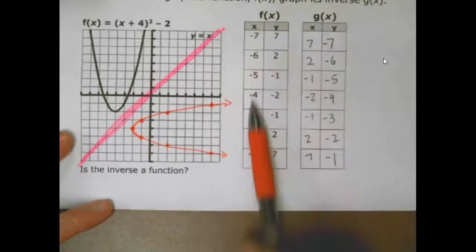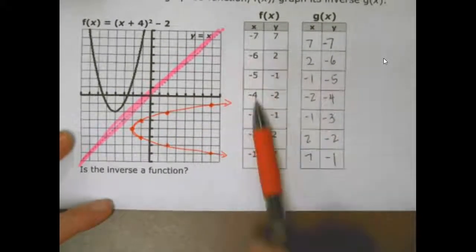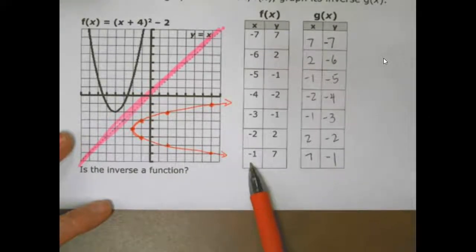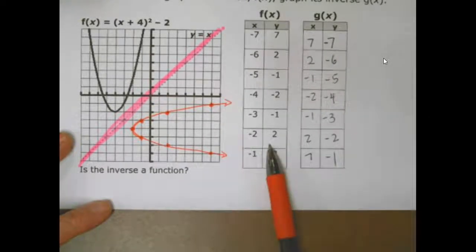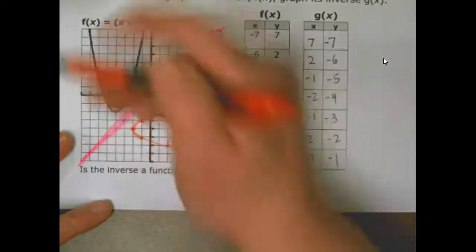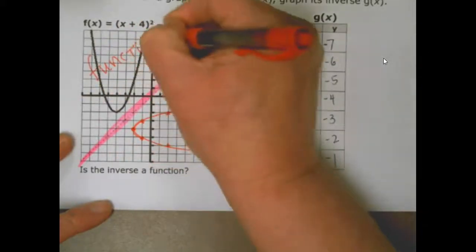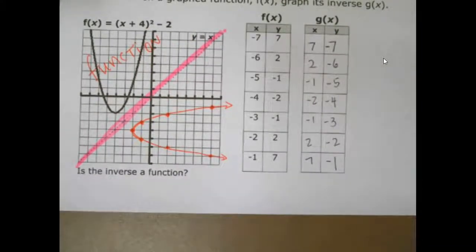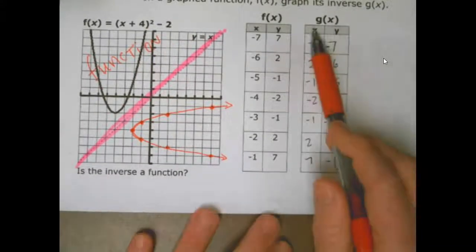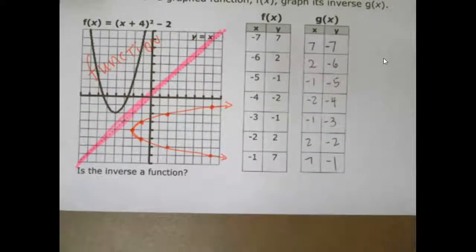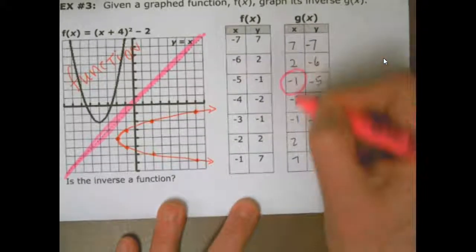Look at this x column right here. Do any of these numbers repeat? No. And so this goes with this parabola. This parabola over here is a function because it has no repeated x values. Look at this other table. Do you have a repeated x value?